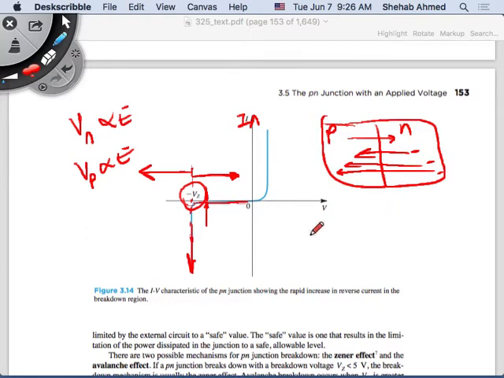So the region that is useful and reversible is around Vz, and that's where we get the Zener operation. Right? And you can tune the Vz. Obviously, this Vz depends on the value of the electric field that you're going to apply. Right? So you can play with the size of the depletion layer, for example, to make sure that, given the amount of doping that you have, you're going to have a wide depletion layer or a narrow depletion layer. We didn't discuss the width of the depletion layer.